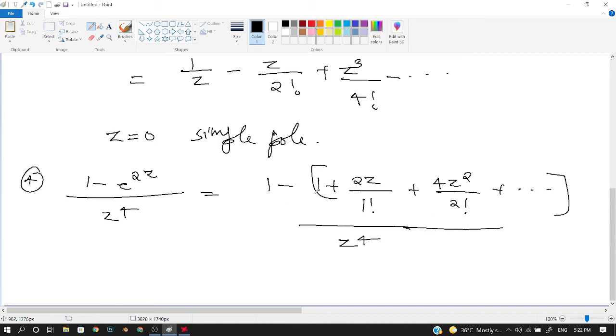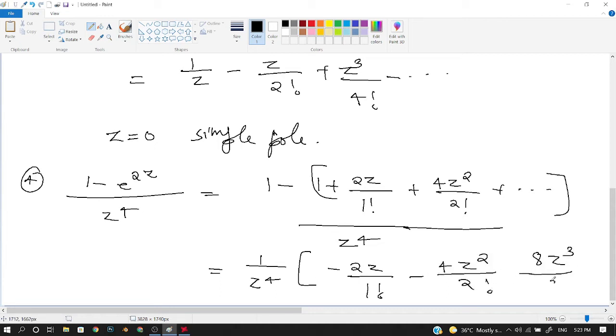Now here 1 minus 1 is 0, so minus of the remaining terms. So 1 by z raised to 4 into minus 2z by 1 factorial minus 4z square by 2 factorial minus 8z cube by 3 factorial minus etc.